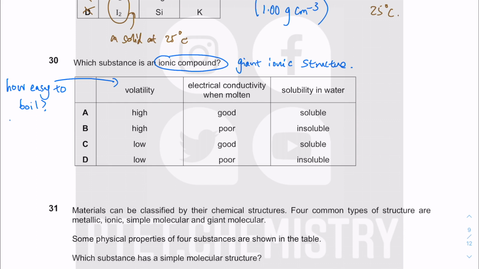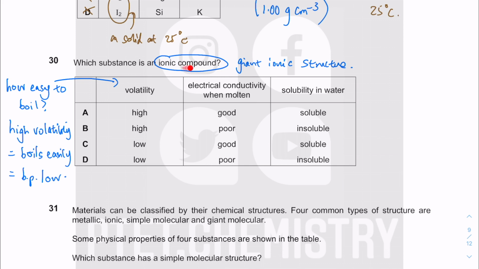So high volatility means boils easily. If you boil easily, your boiling point will be low. That means high volatility. A bit of English there.